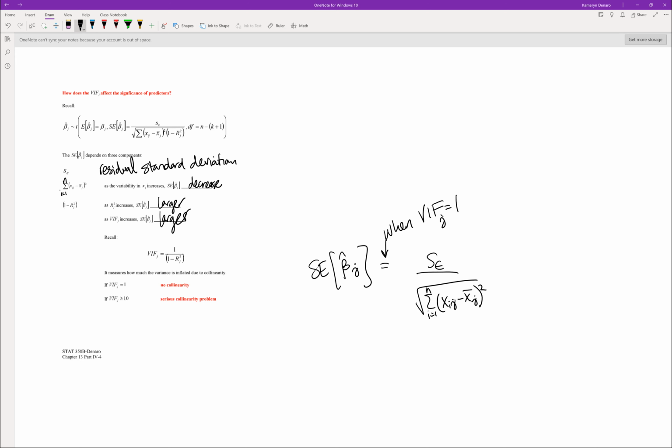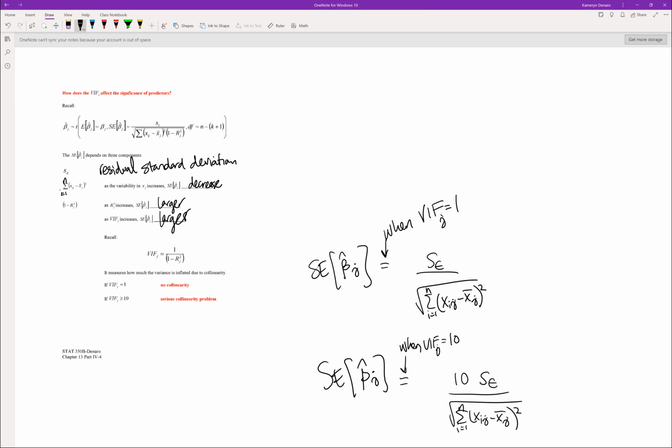But the standard error of beta hat j, when VIF is equal to 10, is going to be 10 times S epsilon over the square root of the summation of xij minus x bar j squared.